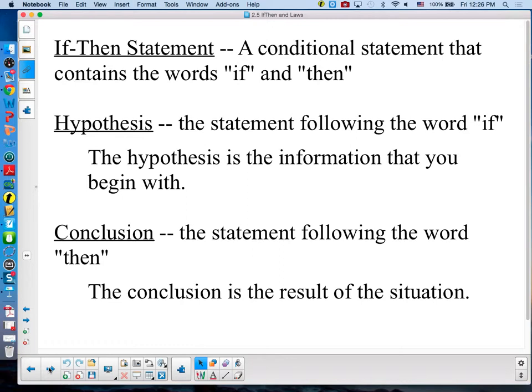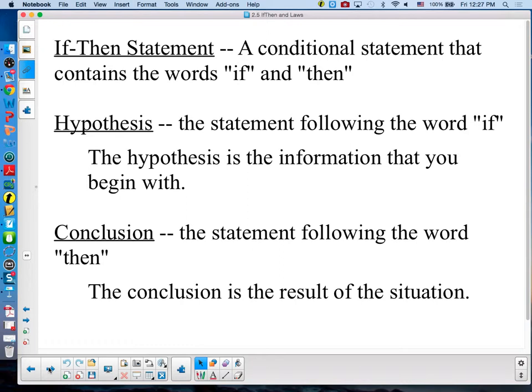Hypothesis, your educated guess on what's going to happen. Notice here, it's the complete opposite of that. Here it's what you begin with instead of what you end with. Confusing? Maybe, yeah. Hypothesis is what you begin with. Conclusion is the result that we expect.